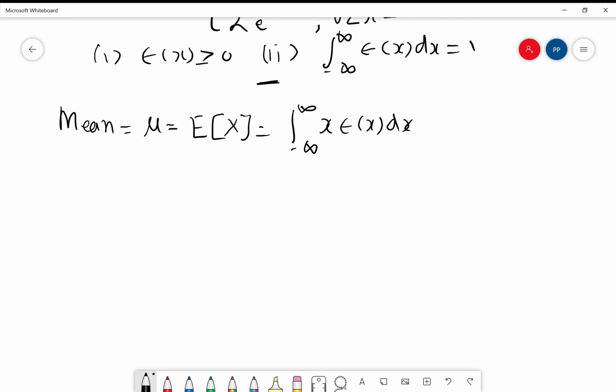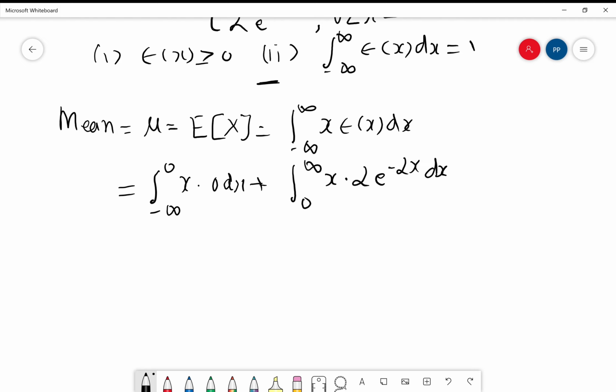Now, it is a splitting function, and its value is 0 in the negative interval, that is minus infinity to 0, and in the positive interval, namely 0 to infinity, it is alpha into e power minus alpha x. Now let us integrate this. The first integral vanishes because the integrand itself is 0. Now in the second integral, I will take the constant alpha outside. Then you get the integral from 0 to infinity of x e to the power of minus alpha x dx.